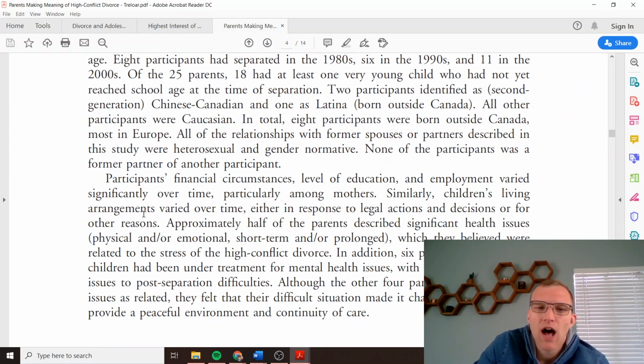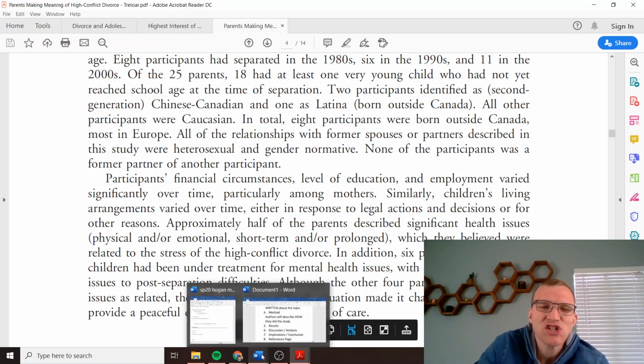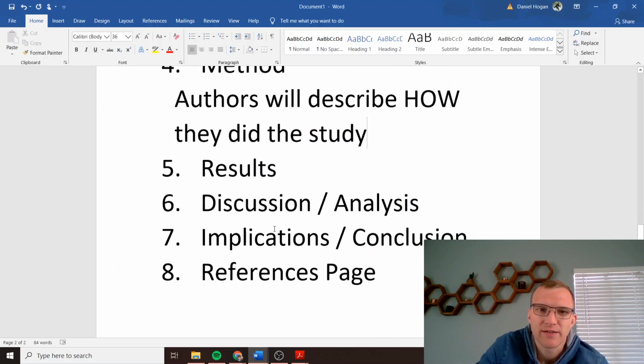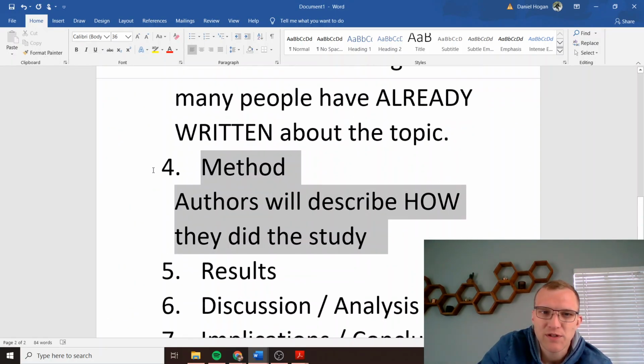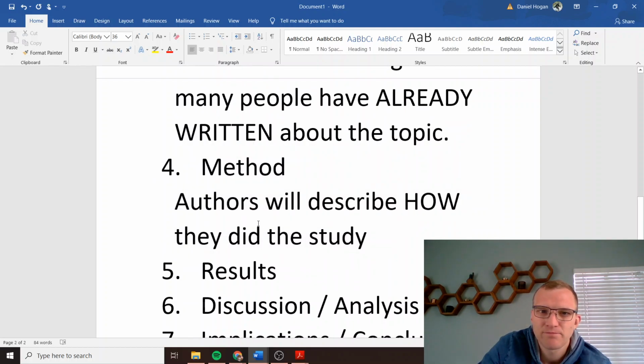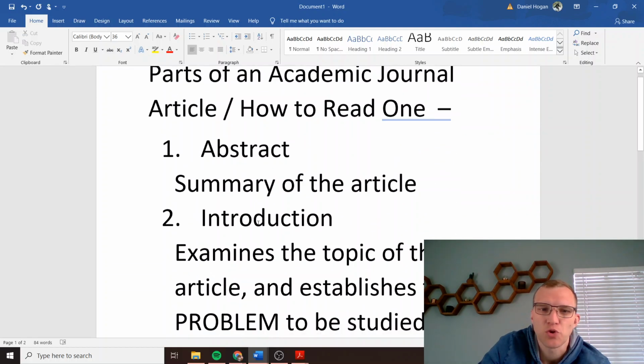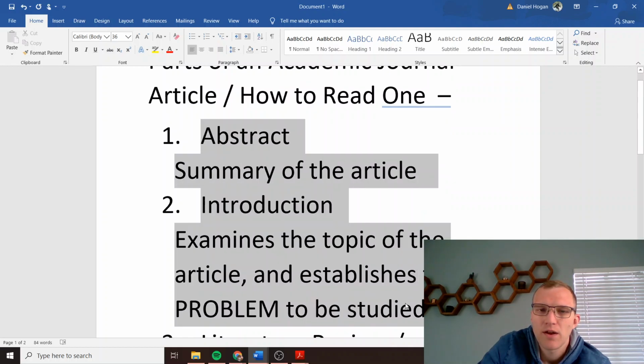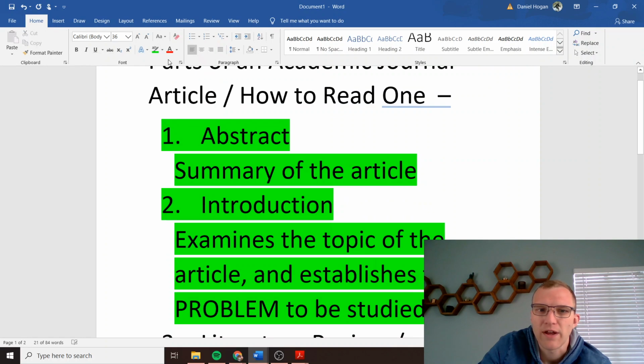Now, a lot of times, this isn't super important for you to read. So what I'm going to do is highlight the ones that you should read in green.